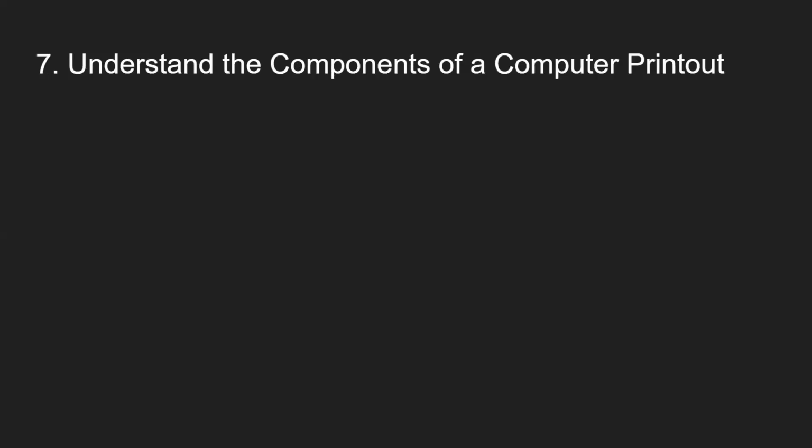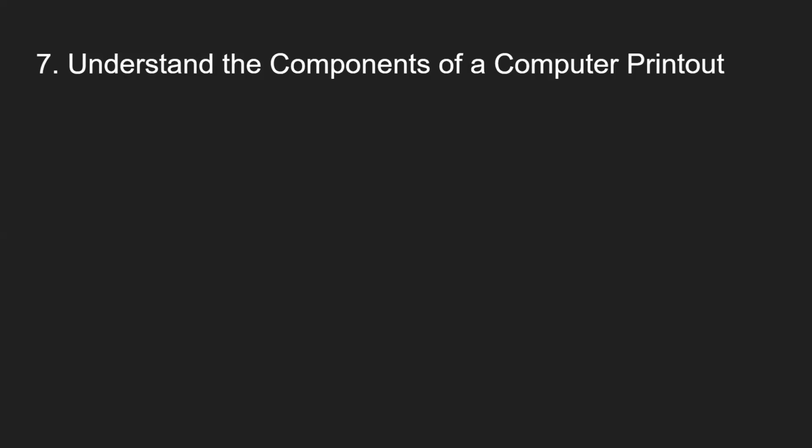Also, in statistics, you're not really going to have to create your own computer printout or output, but a lot of statistics is done using computers, and then being able to take what the computer outputs as a printout, so to speak, and being able to understand what it's telling you.